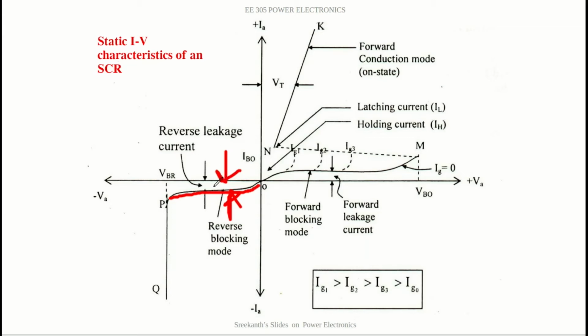You can see that the magnitude is almost constant even when you increase minus VA. So this is minus VA, or the negative potential of the anode. So you are actually increasing the negative potentiality of the anode with respect to cathode. And you can see that the reverse leakage current is almost constant until a particular voltage VBR is reached.